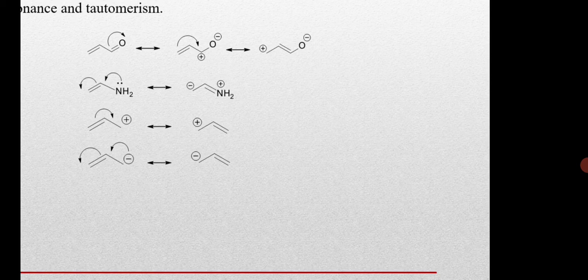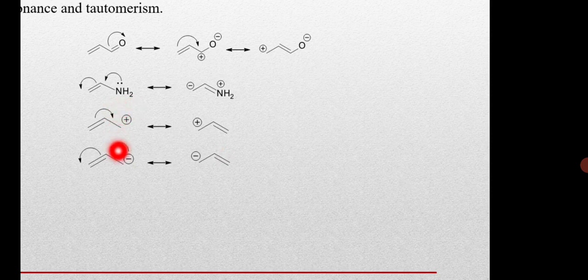Look at the second molecule, where the double bond is in conjugation with the lone pair of electrons. Here also the number of paired electrons remains the same in all canonical structures, and the position of the atoms doesn't change in any of the canonical structures.